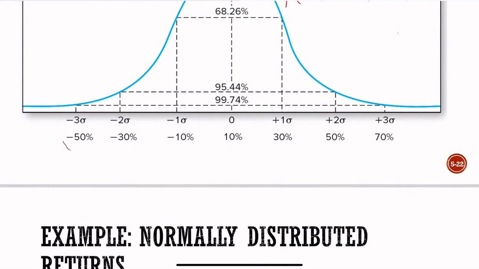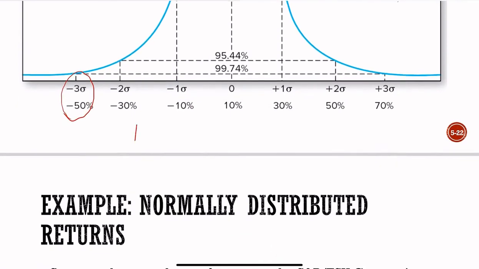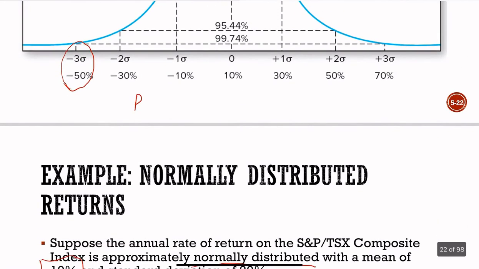And we know that the probability of the return lying within 3 sigma should be, okay, let me write a better sigma here.